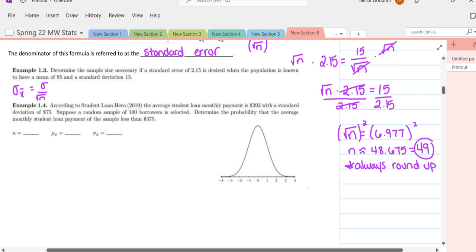Okay, let's look at example 1.4. According to Student Loan Hero, the average student loan monthly payment is $393 with a standard deviation of $75. Suppose a random sample of 100 borrowers is asked. Determine the probability that the average monthly student loan payment of the sample is less than $375.